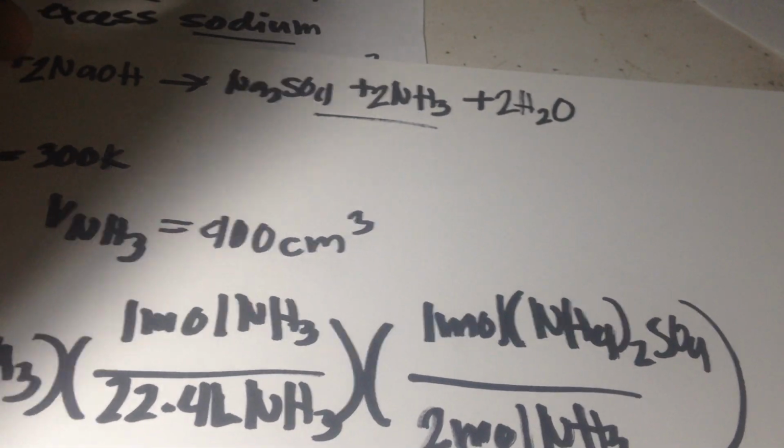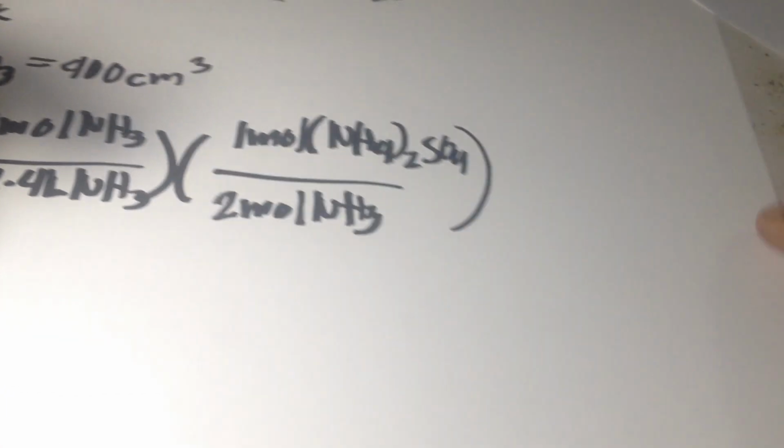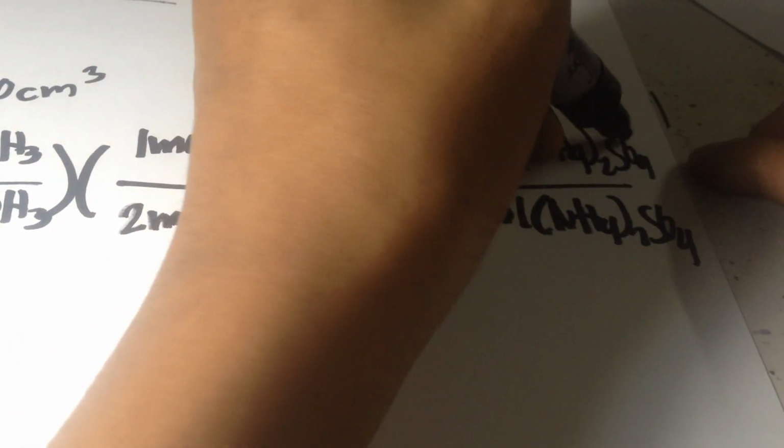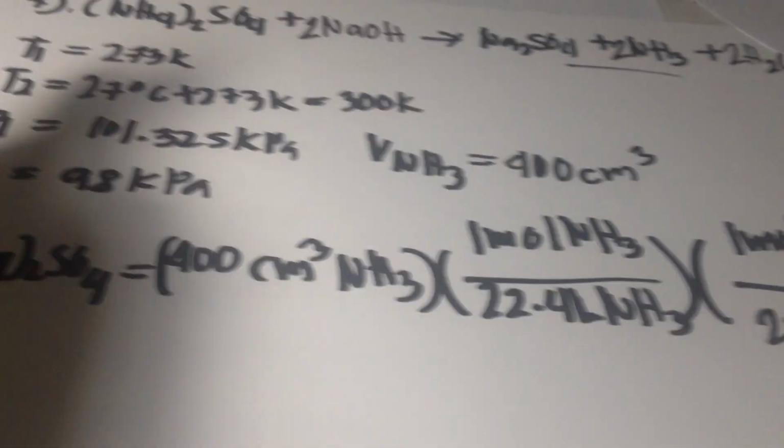And then the molecular weight of ammonium sulfate, which is 132 grams over 1 mole of ammonium sulfate.